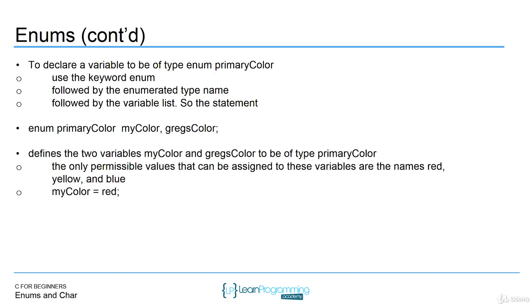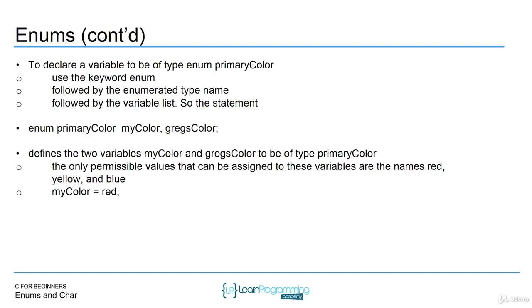The only permissible values that can be assigned to these variables are red, yellow, and blue. So we could say myColor equals red, and that's perfectly valid. We could not say myColor equals green. That wouldn't work because those values aren't valid for that enum type. We couldn't say myColor equals Jason, because myColor can only contain the three values of the primaryColor enum type.